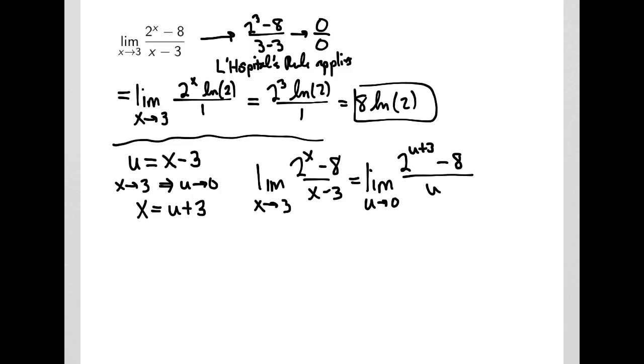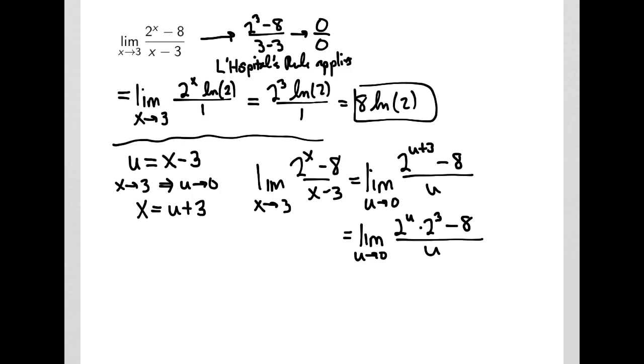Now I'm going to use the properties of exponents, and 2 to the u plus 3 becomes 2 to the u times 2 cubed, which is 8, minus 8 over u, as u goes to 0.